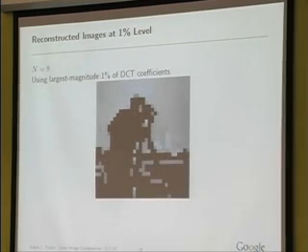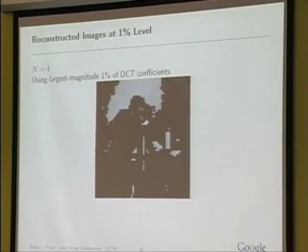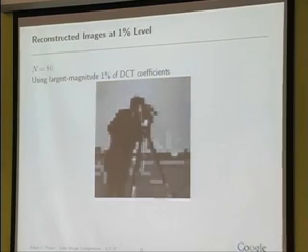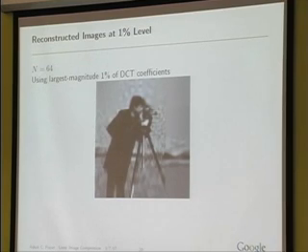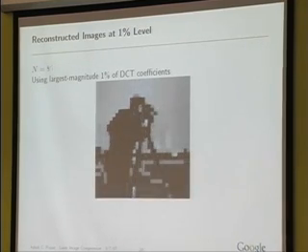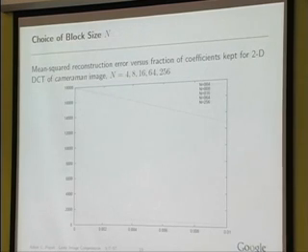n equals 8 and n equals 4 are not useful. So let's say we were back, instead of keeping 1% of the coefficients, I don't think I have the pictures.